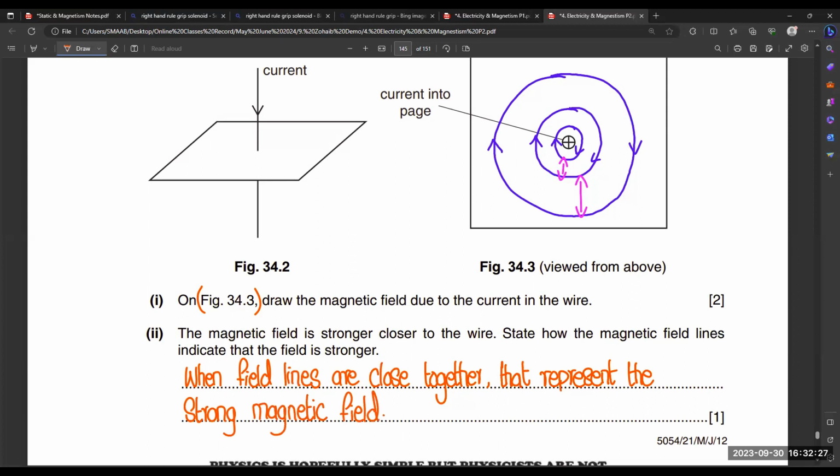And if field lines are away from each other, that will show you the weak magnetic field concept. Okay. So this is the thing that you have to write, because in the diagram we are working on that. But if they ask you theoretically, you may answer with the theoretical concept, right? So that is the thing.